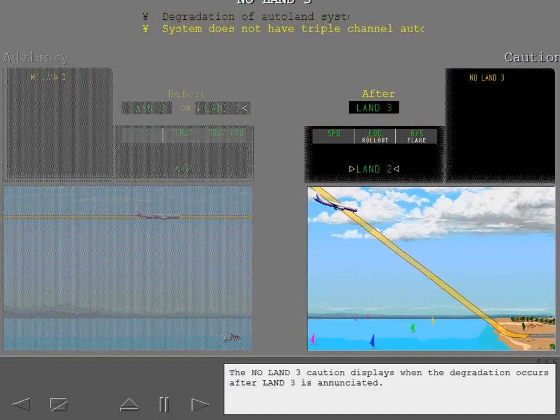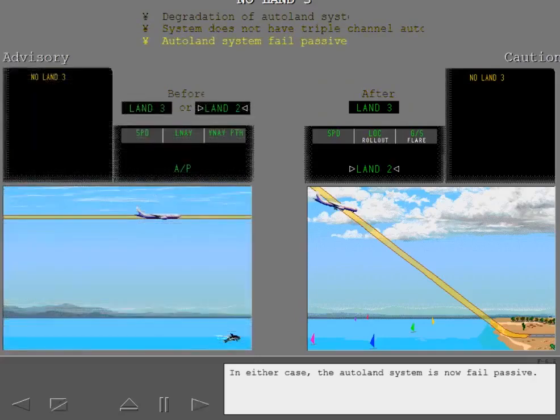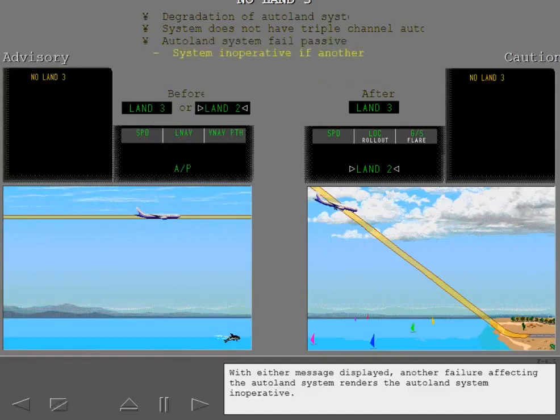The No Land 3 caution displays when the degradation occurs after Land 3 is annunciated. In either case, the Autoland system is now fail-passive. With either message displayed, another failure affecting the Autoland system renders the Autoland system inoperative.